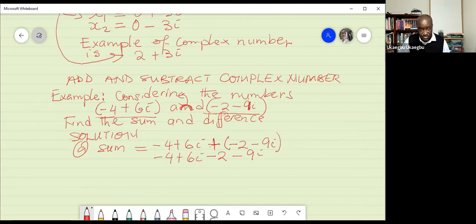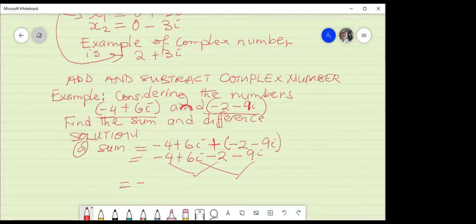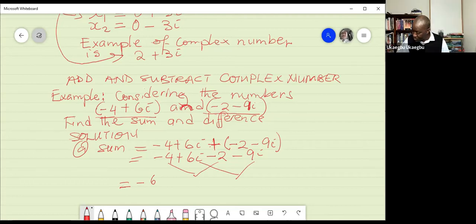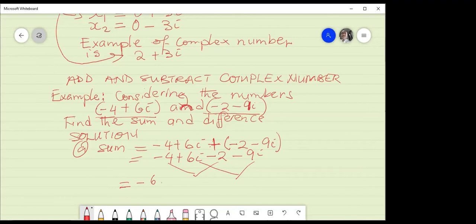Okay, so in this case now, at this point, you have to collect like terms. These and these are like terms, and these are like terms. So -4, -2 gives us, what does it give? -6. And then +6, -9 gives us what? -3.